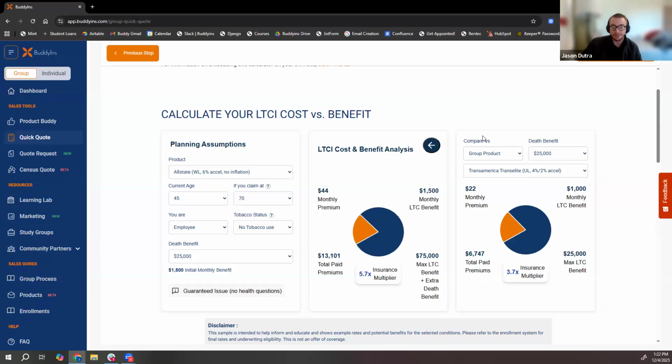I have Unum 5% versus Allstate 5%, which I thought was also an illuminating one. We have Allstate versus Transamerica, comparing our small group carriers. Allstate's term versus their whole life, which has been quite a hot topic lately. Chubb versus Trustmark to compare our large group carriers, and then Life Plus Care versus Allstate's term to 100. It's a long list, Jason.